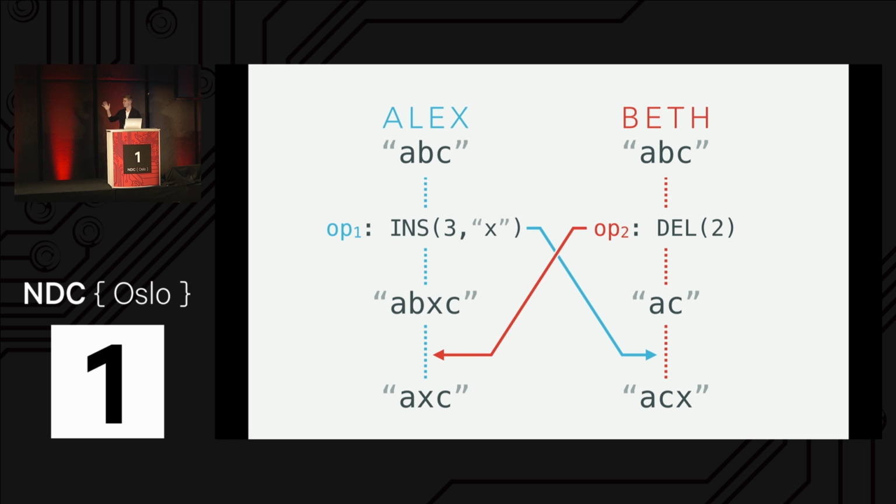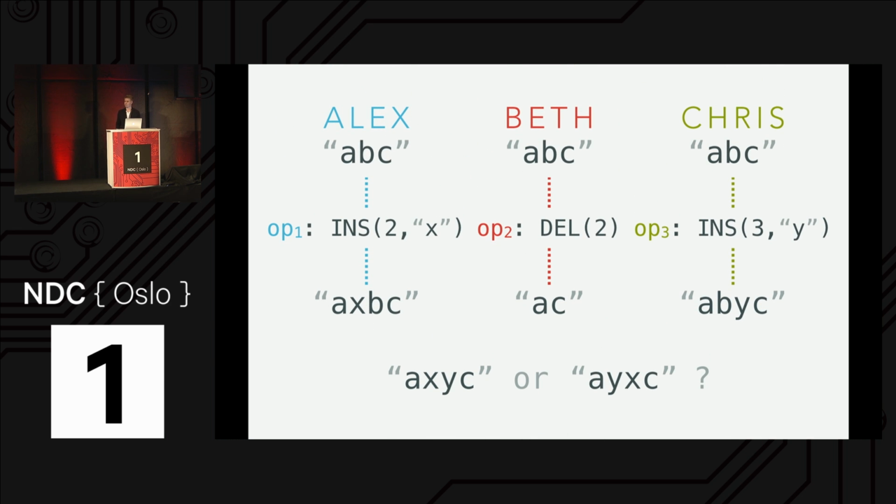If they end up with different copies of the document, like Alex ends up with AXC and Beth ends up with ACX, this algorithm doesn't work. So for an operational transform to be TP1 compliant, it has to avoid this problem. Well, the particular solution we looked at did fix that, so the algorithm we just looked at is TP1 compliant.